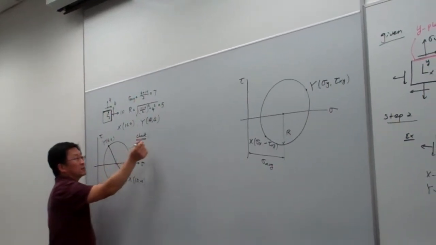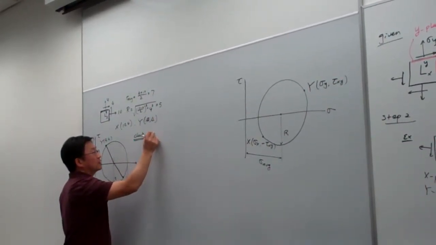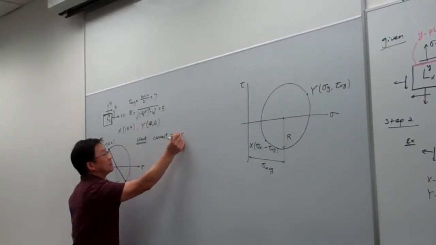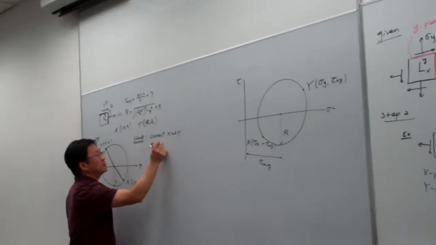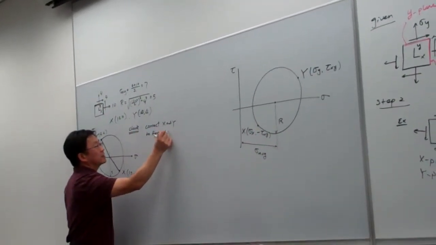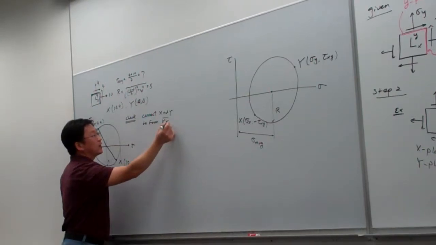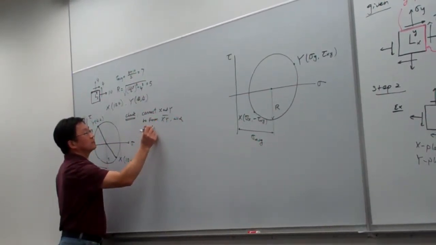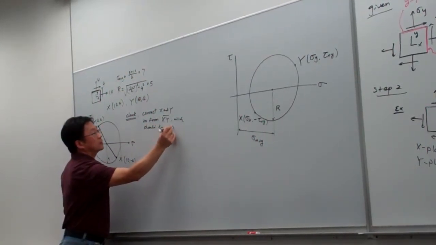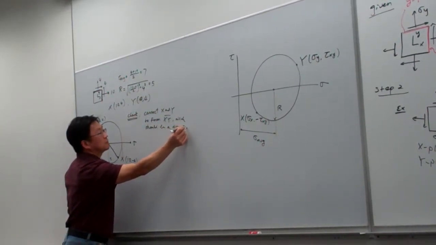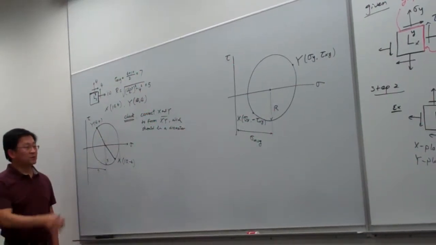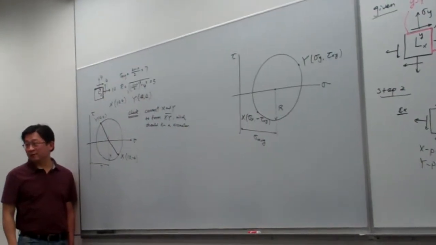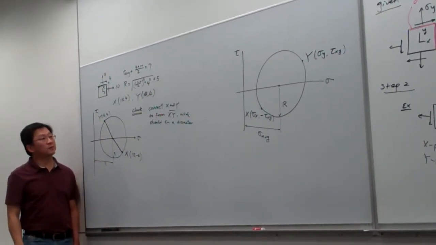Connect X and Y to form the line XY, which should be a diameter. If not, then your placement or your labeling of the 2 points is incorrect, and you need to fix them.